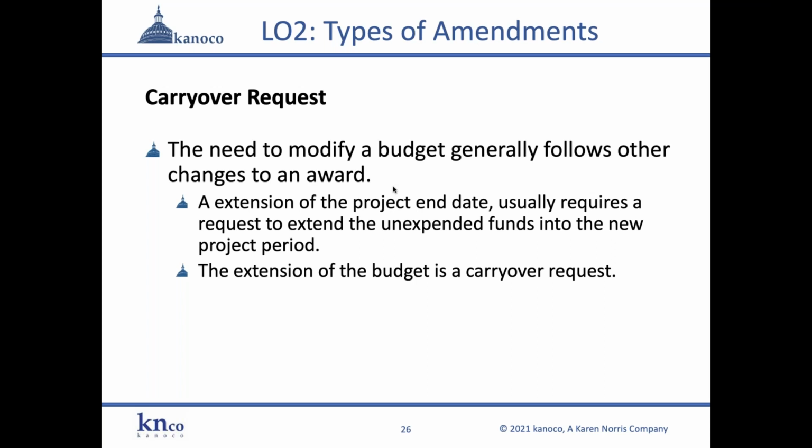So you just want to be alert to the fact, and when you're asking for approval to amend the project, you want to make sure, if you're asking for a no-cost extension, by the way, do I also have to ask you to carry over the funds into the new period, or is that automatic? So it depends on the funding agency.